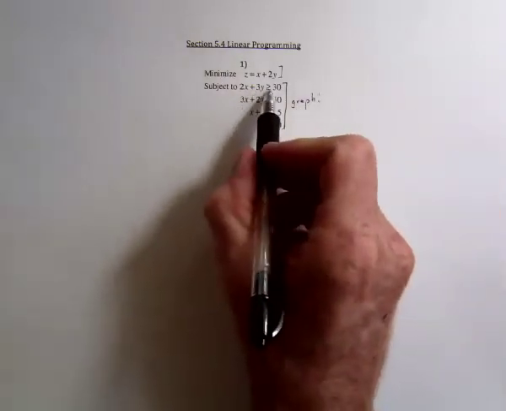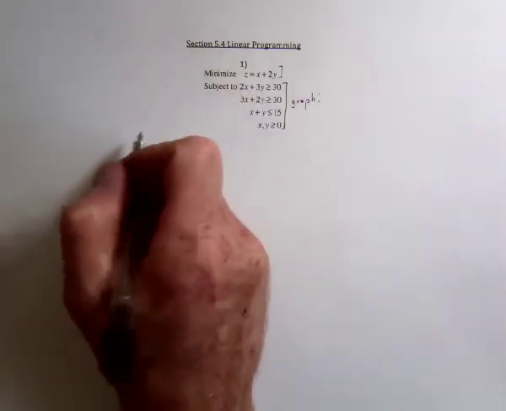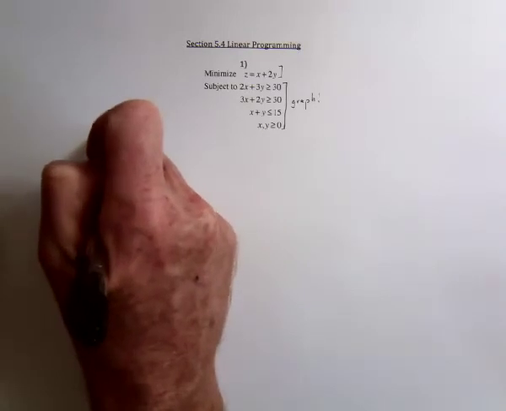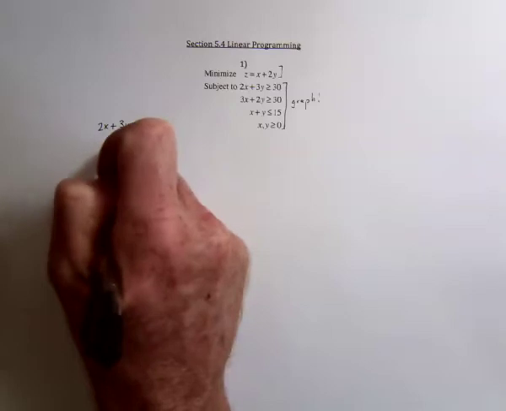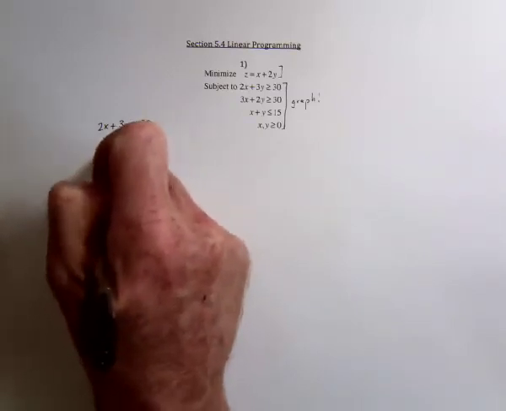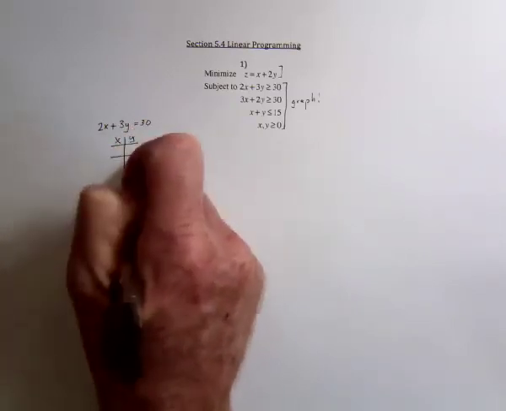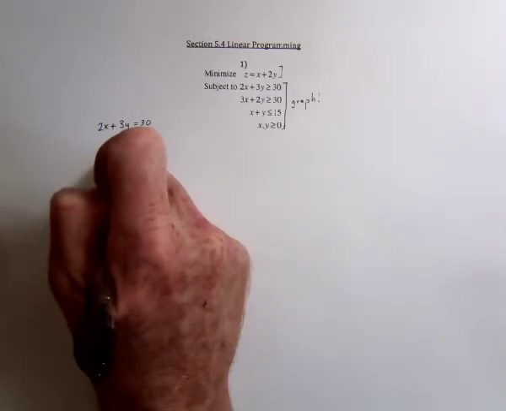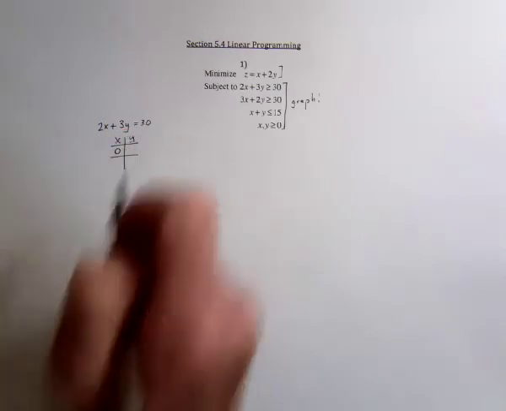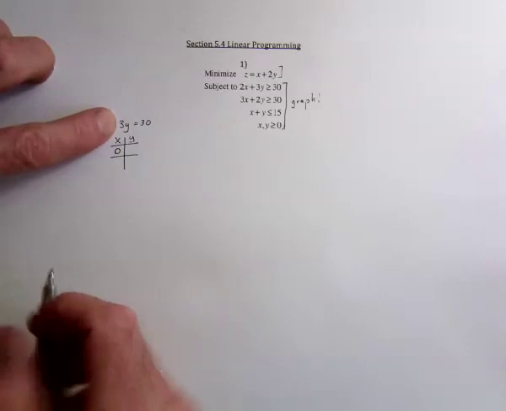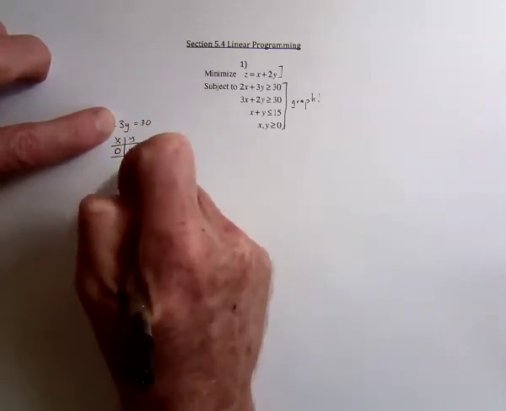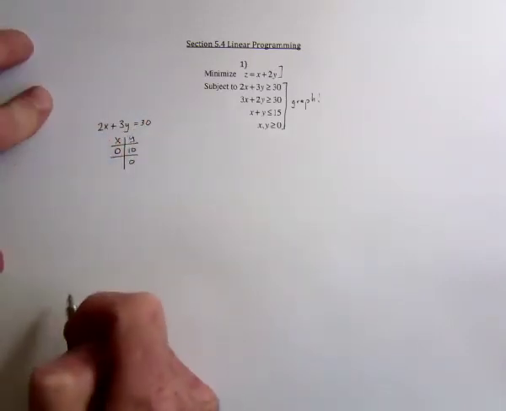So we've got this 2x plus 3y, and we'll set it equal to 30. 2x plus 3y set equal to 30. And make a table of values with 2 points. I like to use the x-intercept and the y-intercept. So for the y-intercept, let x equal 0. Find out that y is 10. Next, let y equal 0.